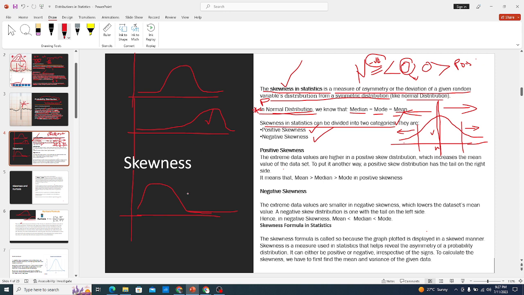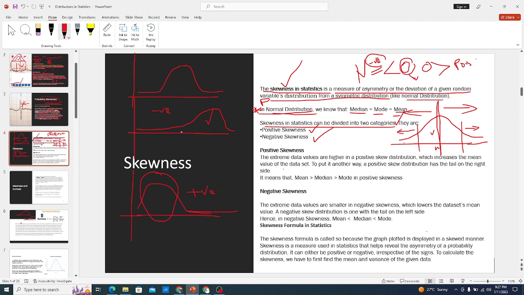Like for example, this one is a positive skewness. Why? The tail is long to the right, and most of our data is concentrated on the left side. And this one will be the negative. Why?